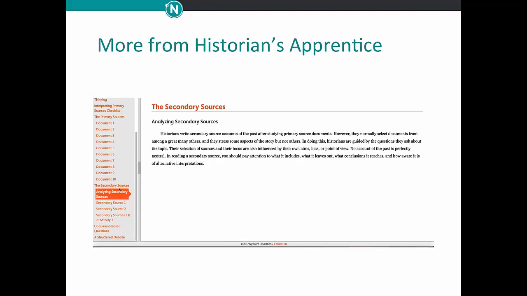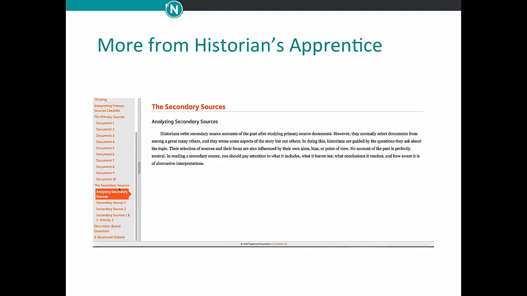For example, the Zapruder film was a primary source. Abraham Lincoln's Gettysburg Address is a primary source. On the other hand, a secondary source is one that doesn't come direct from the past, but a student can look at it with just as much objectivity, as a source just as reliable as a primary source.